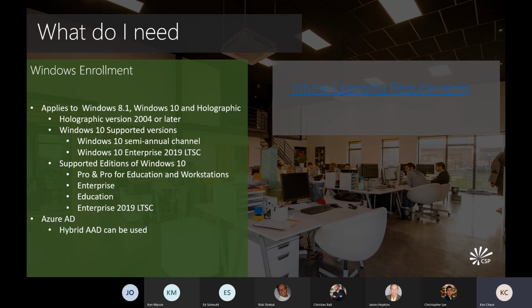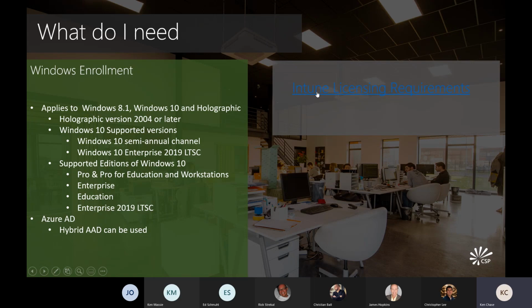So the recommendation would be to use a supported version of Windows 10. You can use Windows 10 Pro for education and workstations, Enterprise, Education, and Enterprise 2019 LTSC. You can do Azure AD, and you can do hybrid Azure AD join devices. Those are the big things to keep in mind.